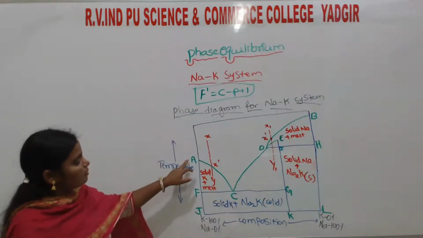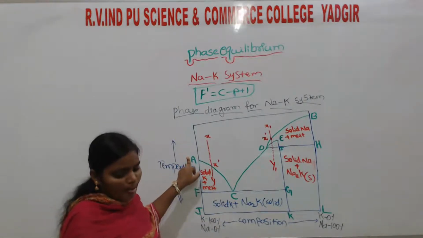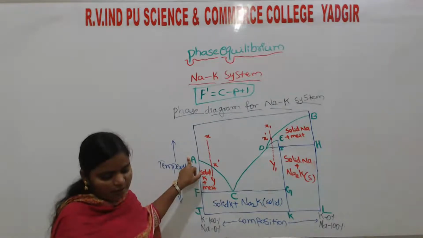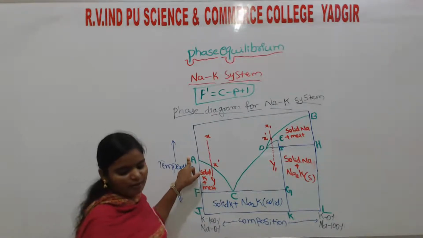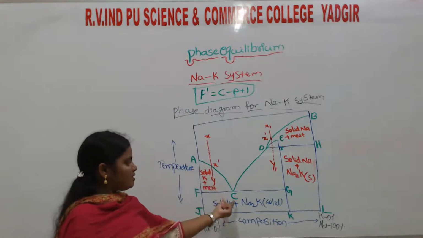And this is the melting point, or it is the fusion curve. It represents the depression of freezing point curve. This AC curve.